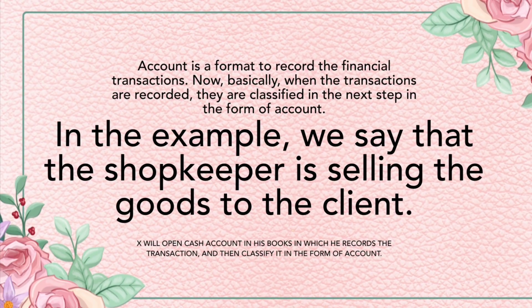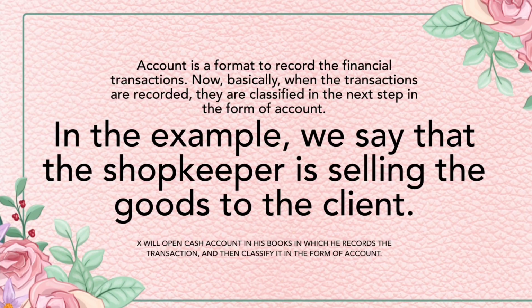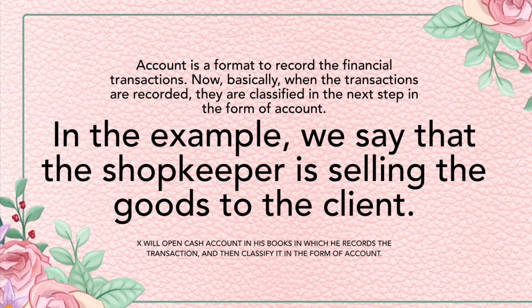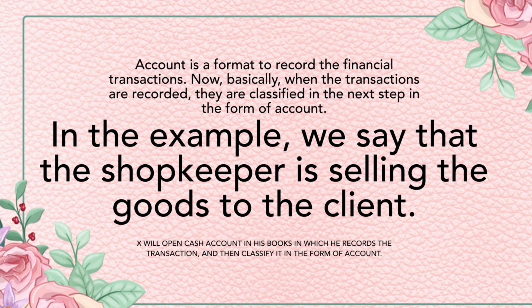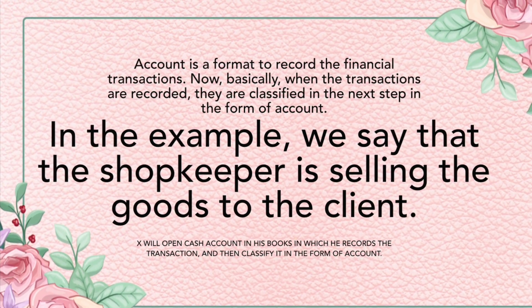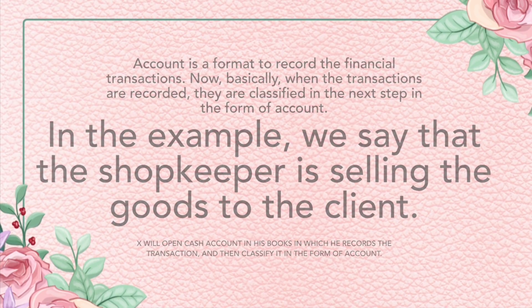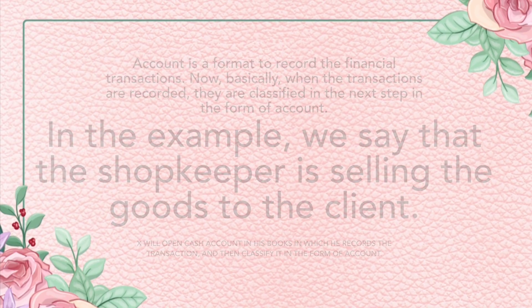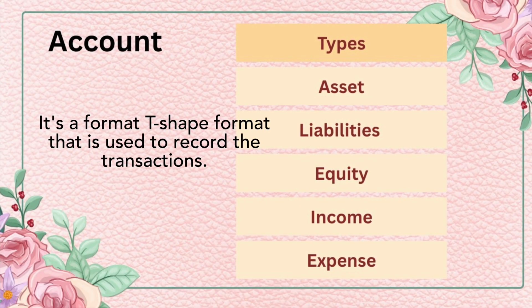For example, if the shopkeeper X is selling goods to the customer Y in cash, so this transaction is recorded and classified in the form of account. X will open cash account in his books in which he records the transaction and then classify it in the form of account. It's a T-shaped format that is used to record the transactions.